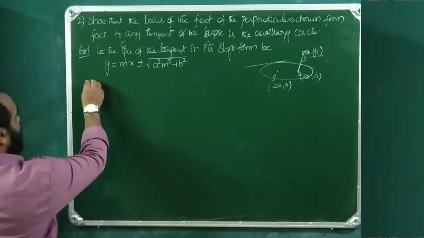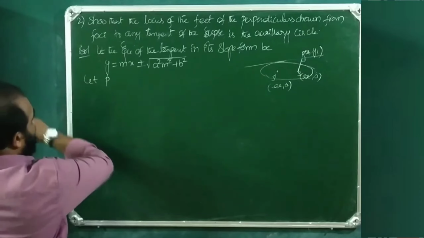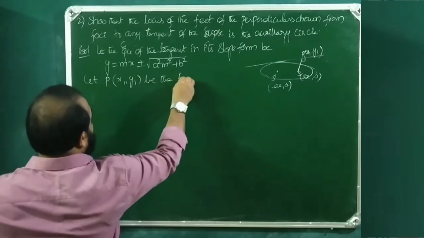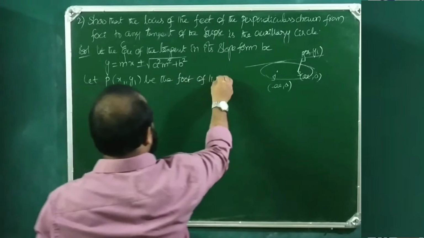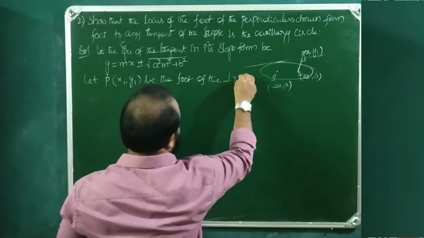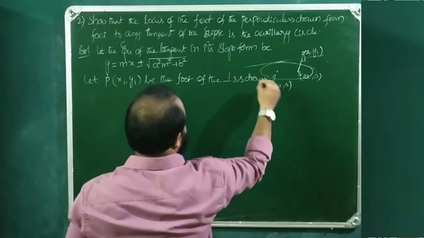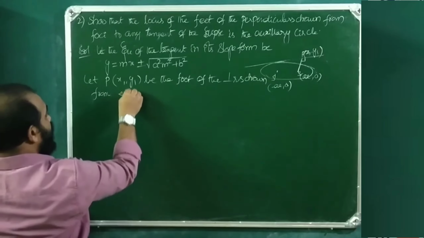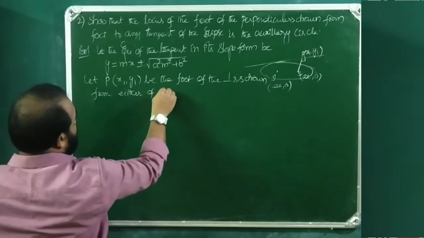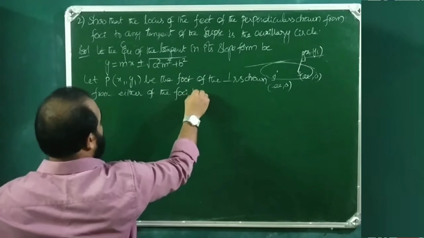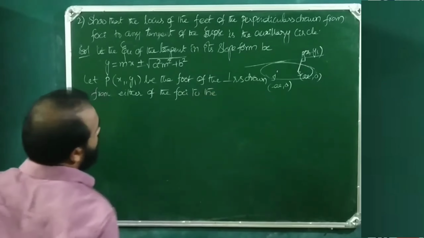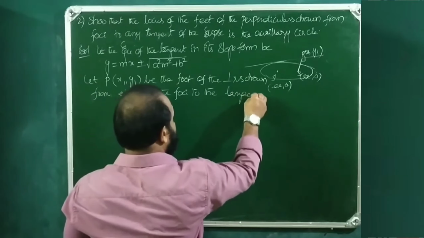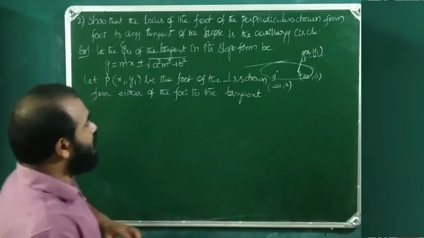Let P(x1, y1) be the foot of the perpendicular drawn from either of the foci to the tangent.